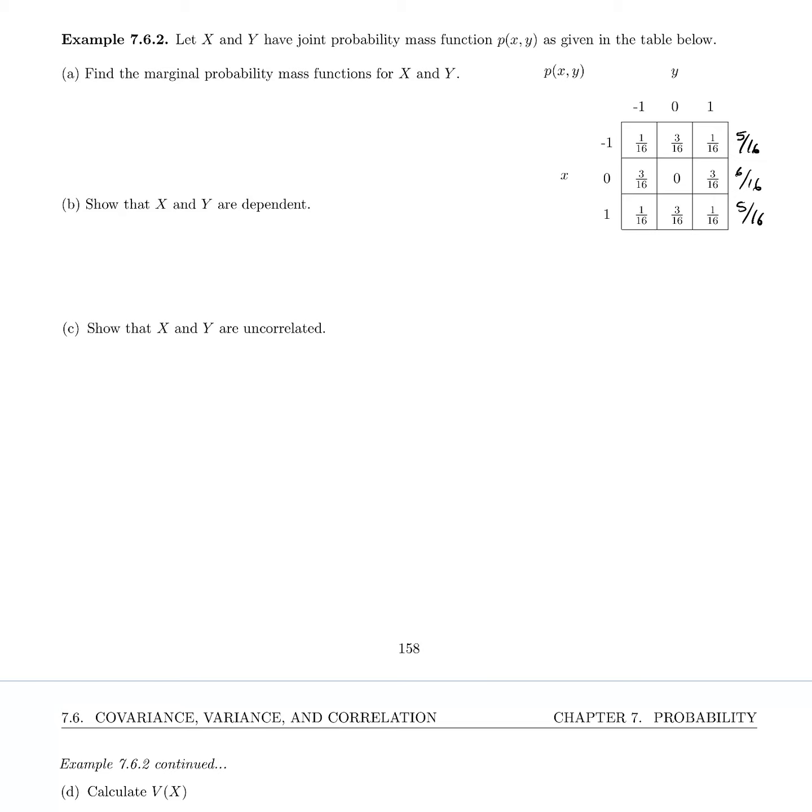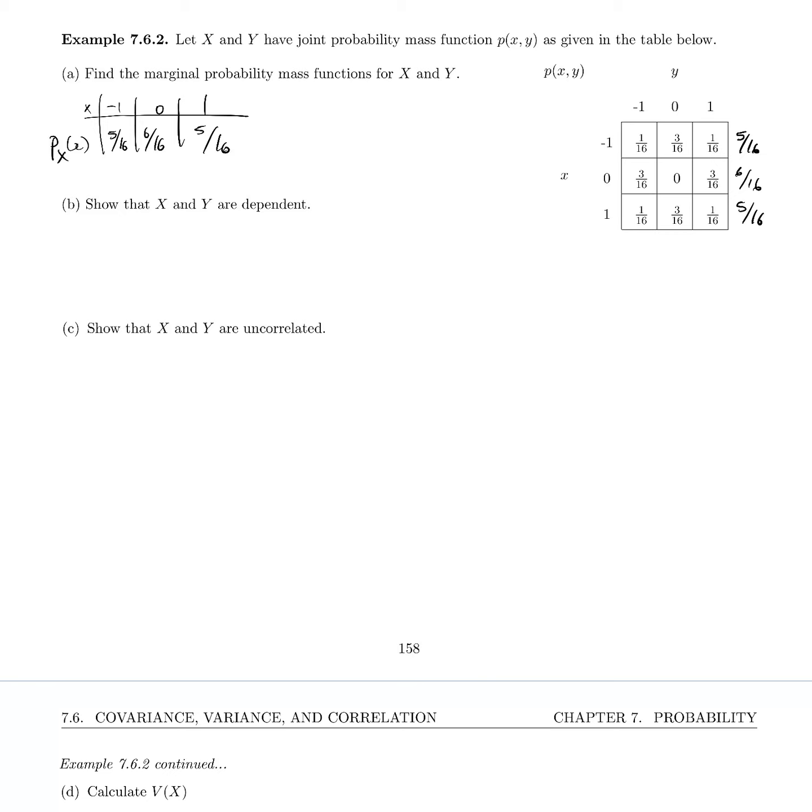And so for x, we have the possible values of -1, 0, and 1, and the marginal pmf of x is 5/16, 6/16, and 5/16. If you add those up, 5 plus 6 is 11 plus 5 is 16. That does in fact add up to 1, so we are good.